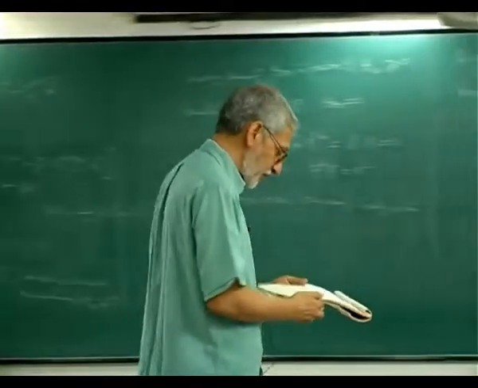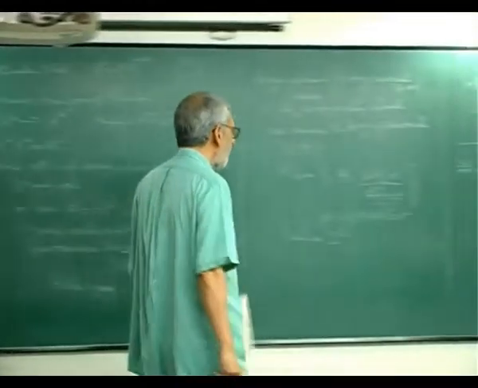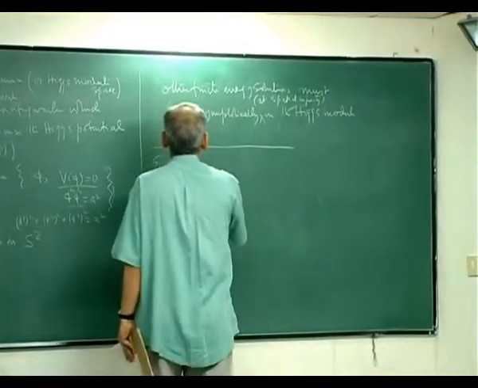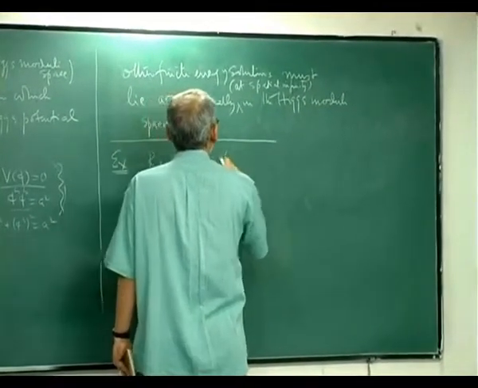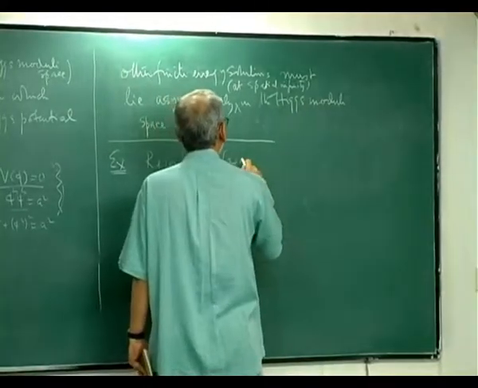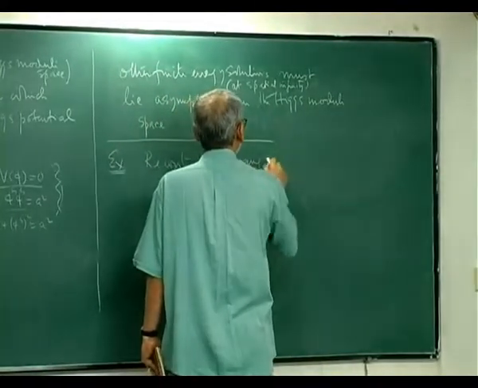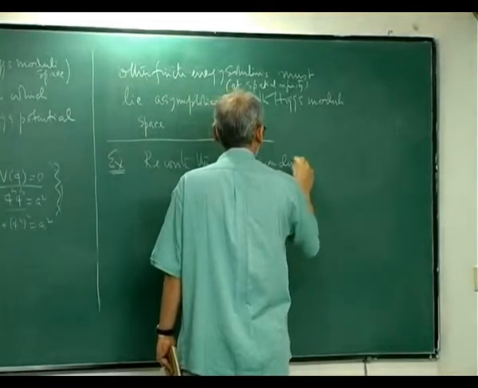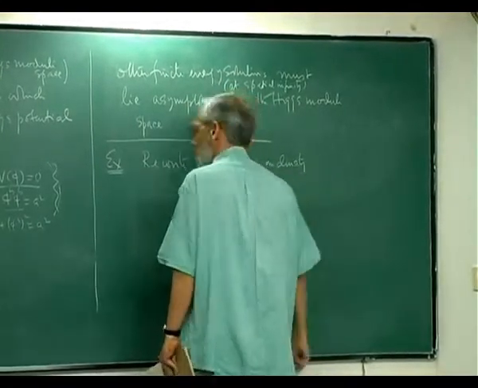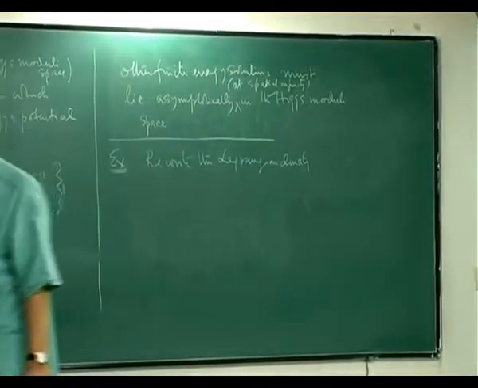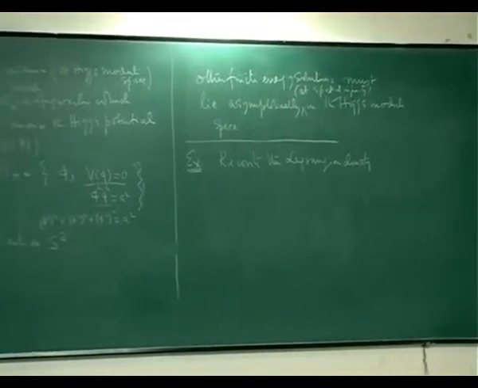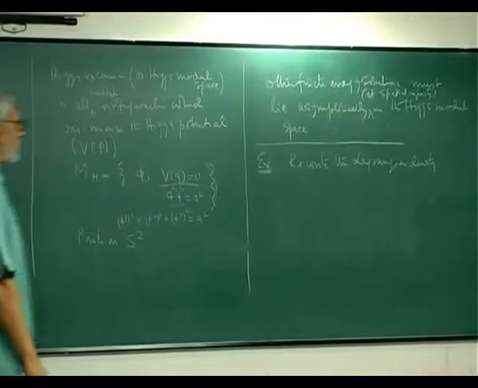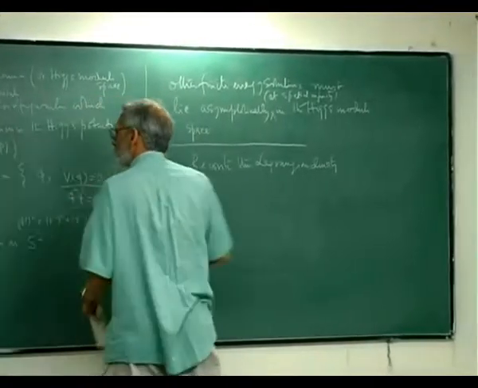So what is the exercise? Let me define the exercise. Rewrite the Lagrangian density, or the action. The action is the 4-dimensional integral of the Lagrangian density, by expanding around this particular ground state.